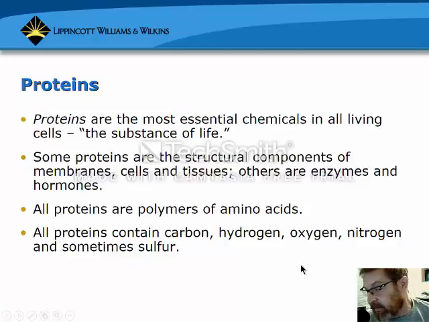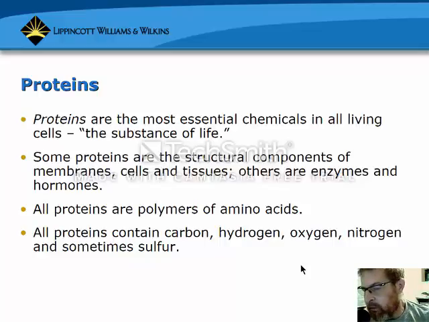There are the proteins, and I think everyone has sort of a feel for what proteins are, but they are one of the most essential of all the chemicals inside of a living cell. We can have anything from structural things, or they are the enzymes that allow a cell to work.